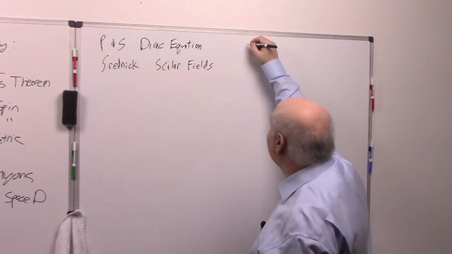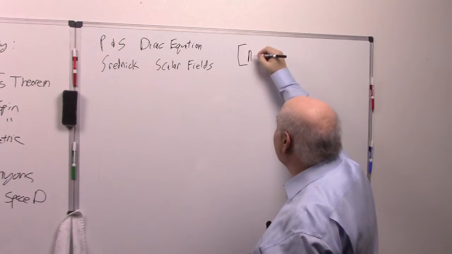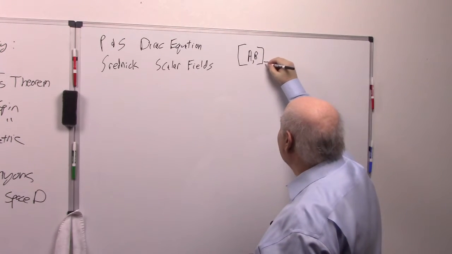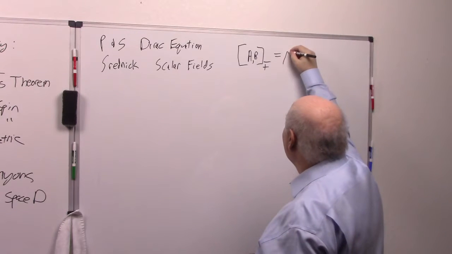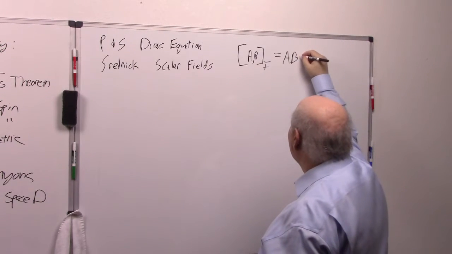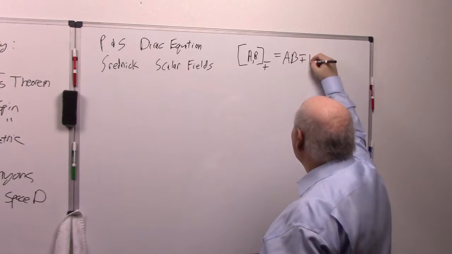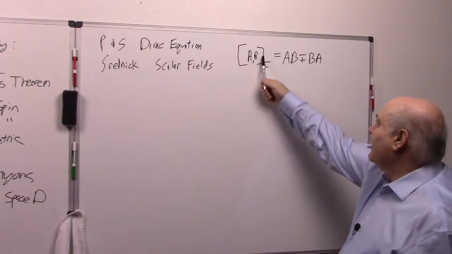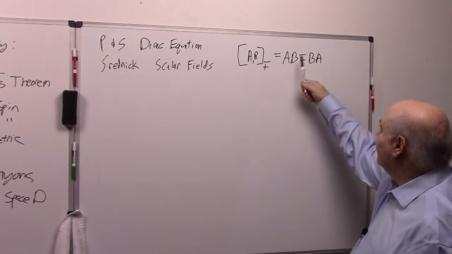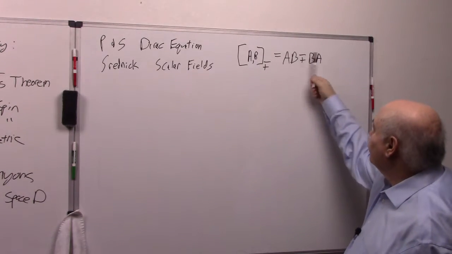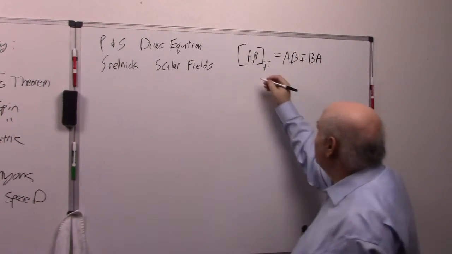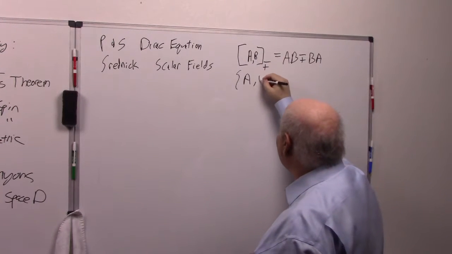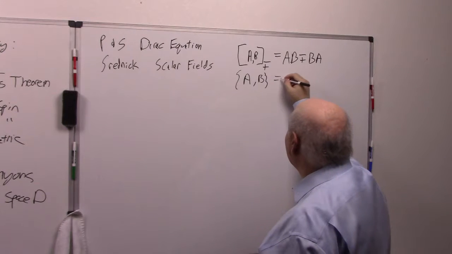Just to remind you of the notation that Schrodinger is using: he's using the minus on the bracket for the usual commutator and the plus on the bracket for the anti-commutator. More common notation is just to use squiggly brackets for the anti-commutator.